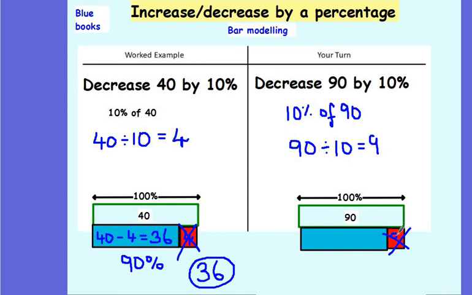So we're getting rid of that 9. The bit that's left is 90, subtract the 9, which gives me 81.